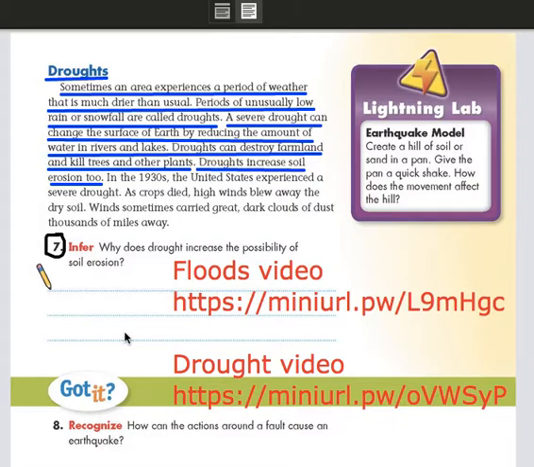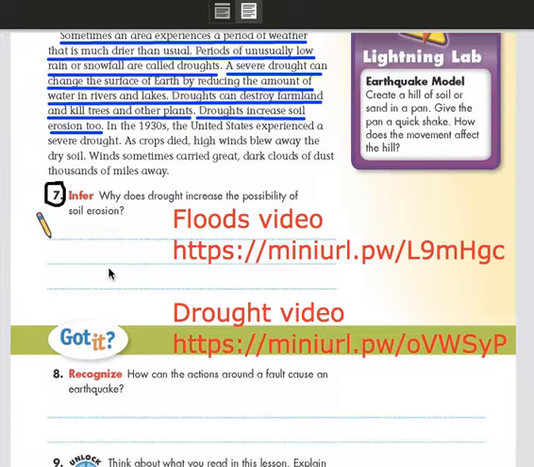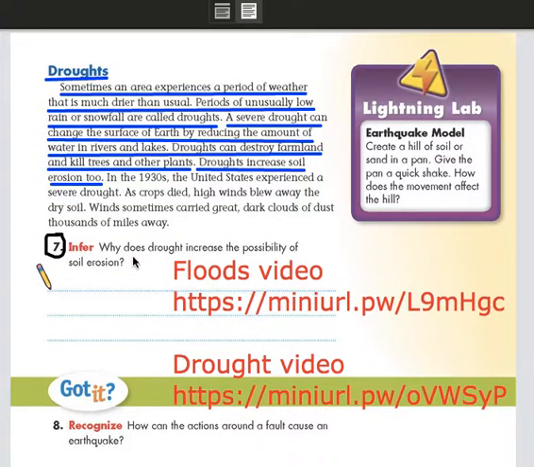Exactly. Why do you think the drought increases the possibility of soil erosion? So this is question 7 that you should answer. Why does the drought increase the possibility of soil erosion?